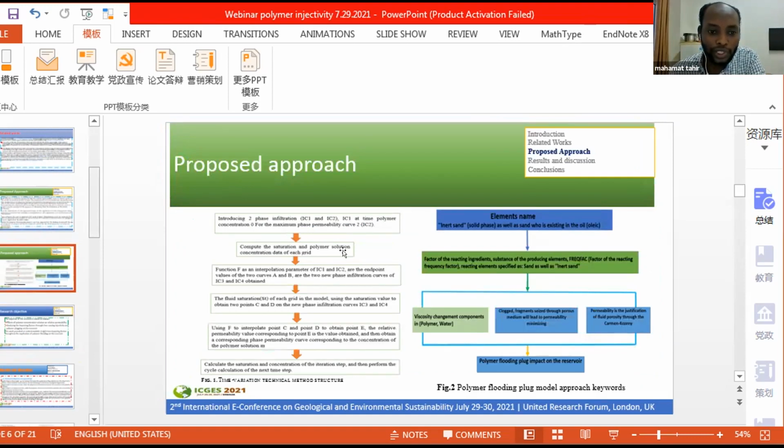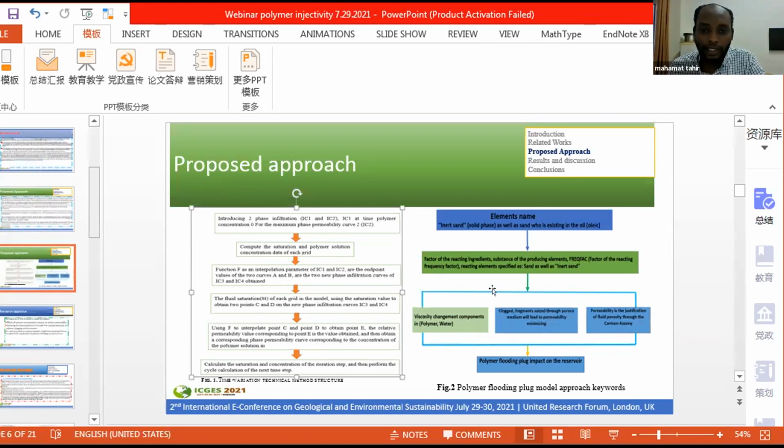This workflow, on the left side of the figure, is the time-varying technique, used to give a clear idea of how the time-varying injectivity has been conducted. Different parameters were applied here. As you can see, different phases, even IC1, IC2, were all described here.